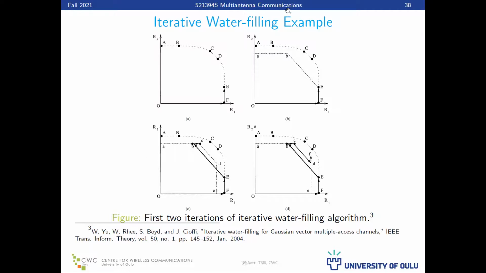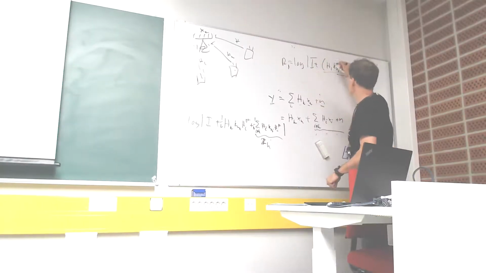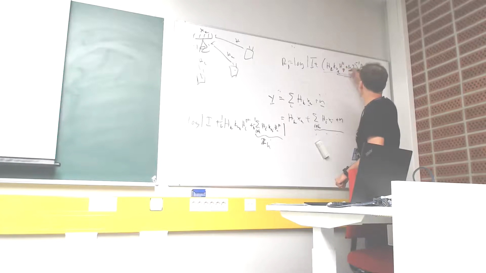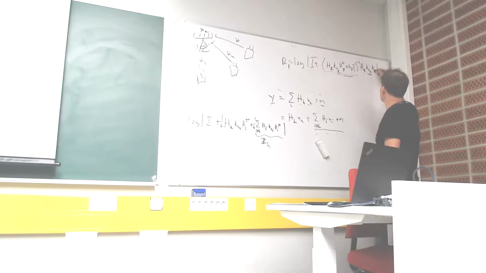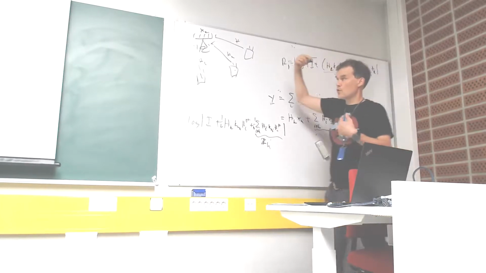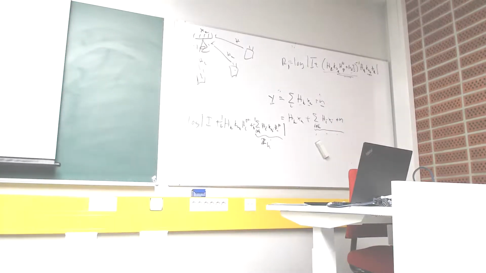So the user 1 rate would then be computed just by changing the indices. User 1 would now be interfered by user 2, but with this suboptimal covariance matrix.